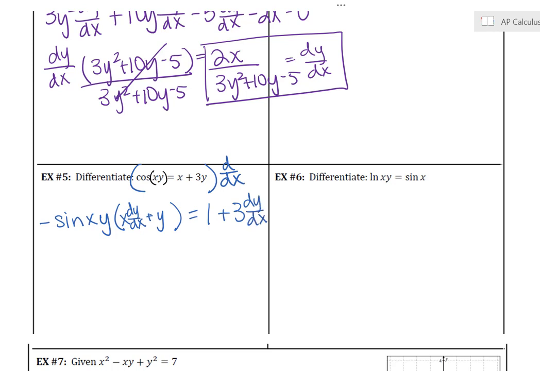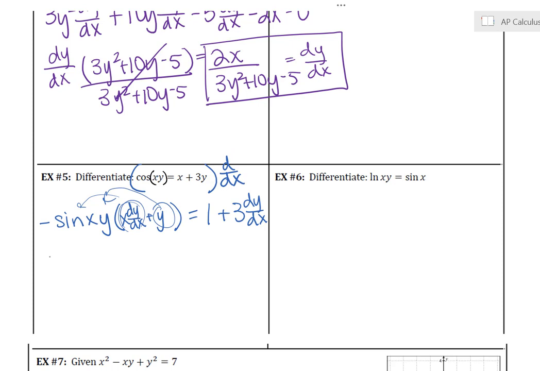So once again, let's get this all written out, because we need to get this dy over dx out of those parentheses. So I'm going to fully expand, and I'm going to pull this guy out right here. So he's going to be multiplied by negative sine of xy, and then the y is going to be multiplied by negative sine of xy.